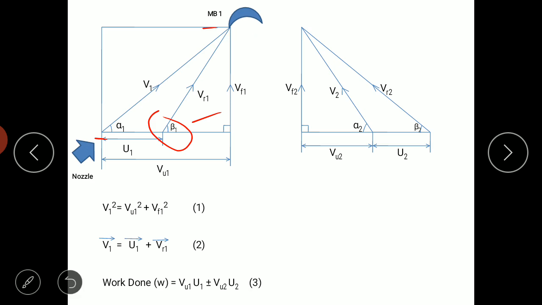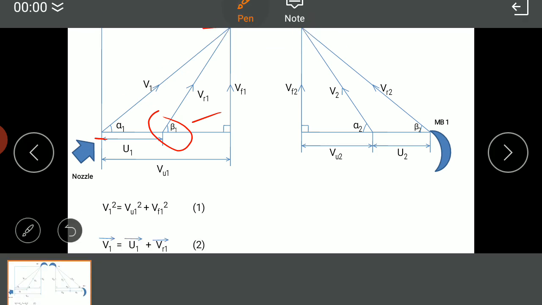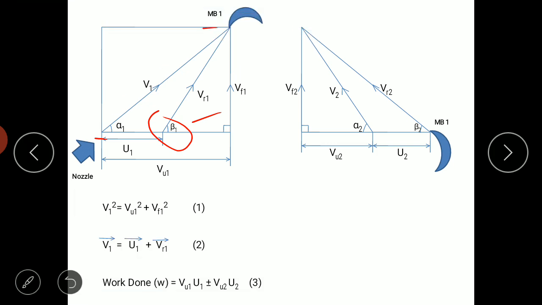So again, moving further, you can see here it comes out of the moving blade with an angle beta 2, with a relative velocity vr2. From inlet to outlet, relative velocity increases, so it comes out with an angle beta 2. Okay. So this is how we get beta 1, beta 2 and alpha 1.